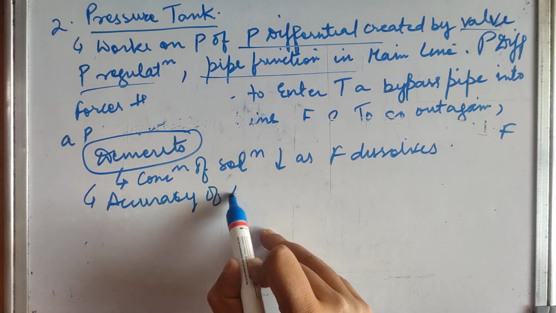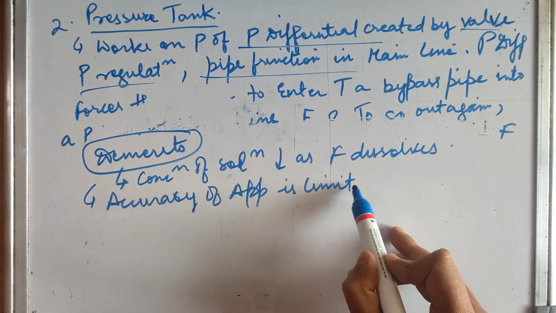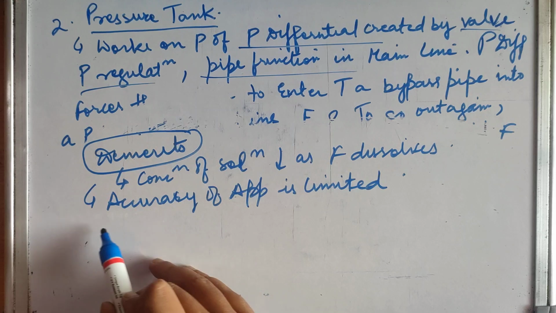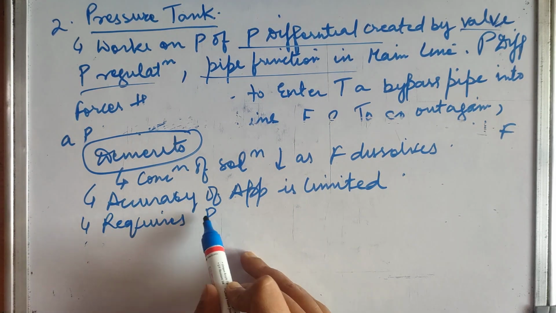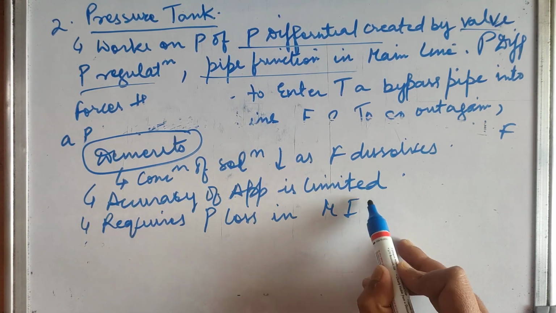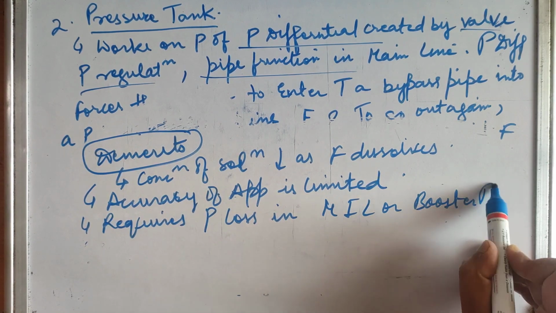Requires pressure loss in the main irrigation line or a booster pump.